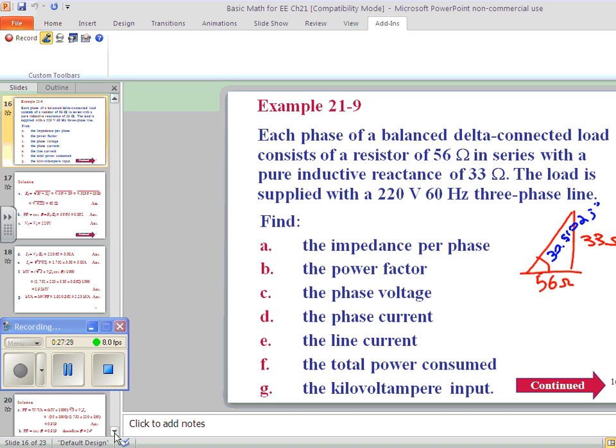So let's take the cosine of that angle and just hit cosine, second function answer. And we find that the cosine of theta is 0.86153. 86153? Yep. Okay.